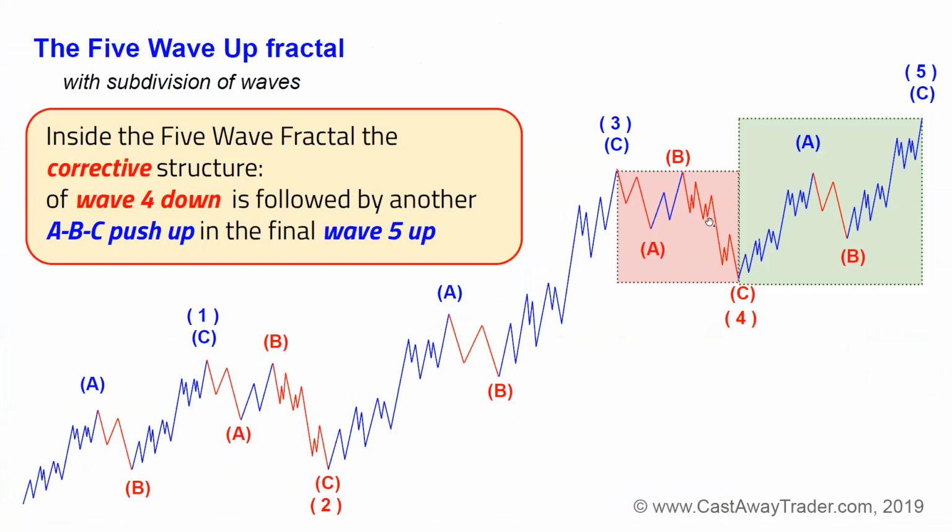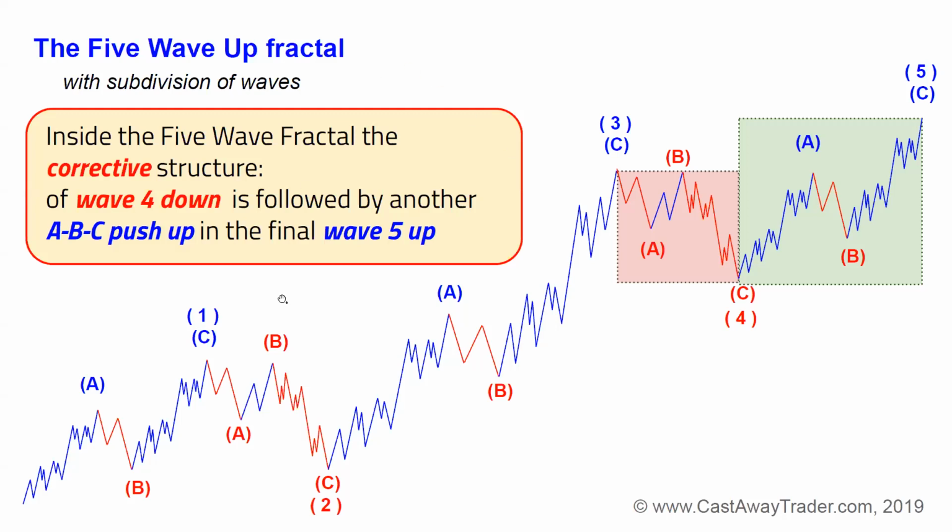And now let's look at that typical fractal of the 5-wave up move under the harmonic Elliott wave theory, and you can see that specific part of the fractal. I pay a lot of attention, with my followers, not only to the whole 5-wave up fractal that has already played out, but I try to teach how to recognize small parts of that fractal, which helps them to better predict what will happen next.